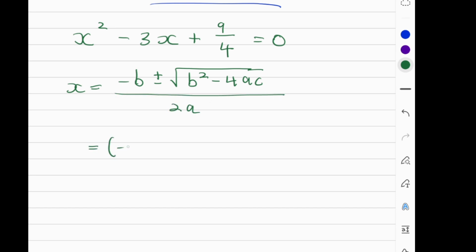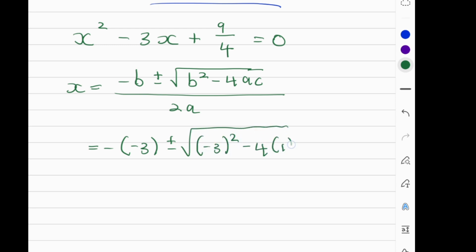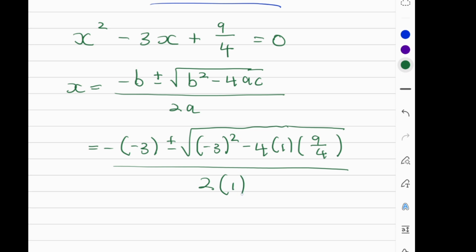And I can just plug in my a, b, and c. This is minus 3 squared minus 4ac, all over 2a.